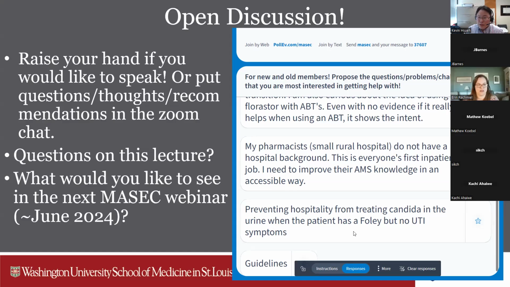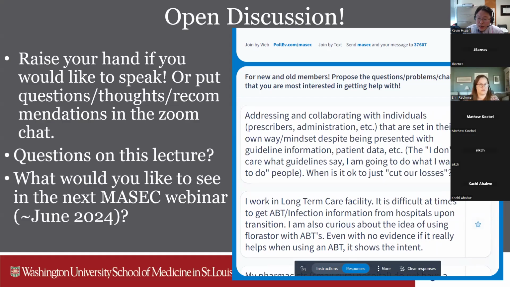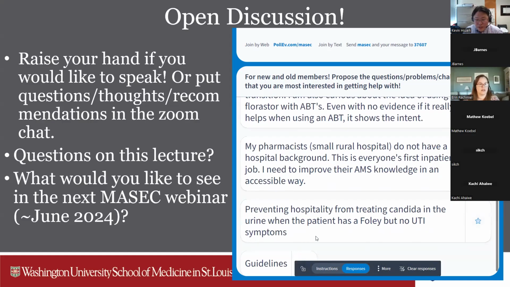And so that's why diagnostic stewardship is becoming part of antimicrobial stewardship, because they're both part of the chain of decision making. But yeah, really hard. I don't have a perfect answer to that. But these are really good questions.